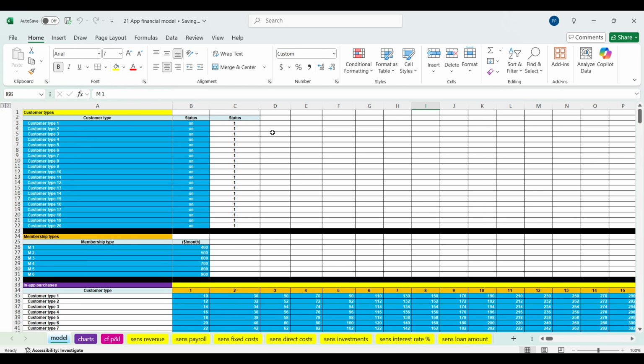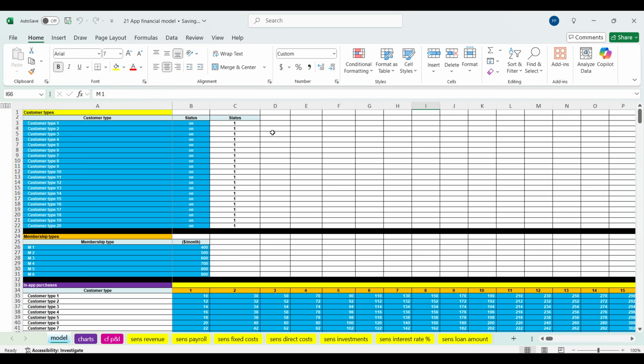So first of all, we need to start with the basic rule. All our inputs should be highlighted with a specific color, because that will ease the scenario building many steps ahead when the financial model is ready. Any third parties using this model, like investors or your business partners, must be able to easily find all inputs.